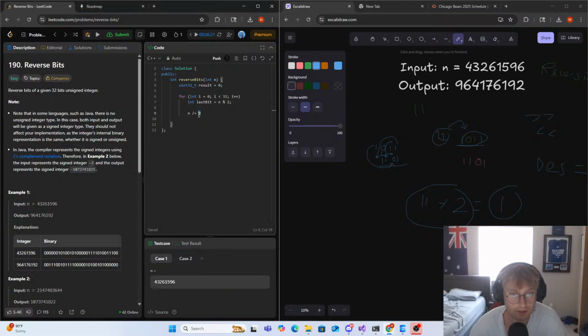So divides by 2, right? I feel like we're going to have a couple more lines in between here. To left shift would be times, the opposite, right? So maybe we could do result is equal to result times 2 plus our last bit.